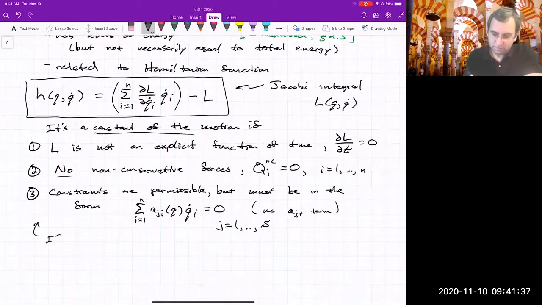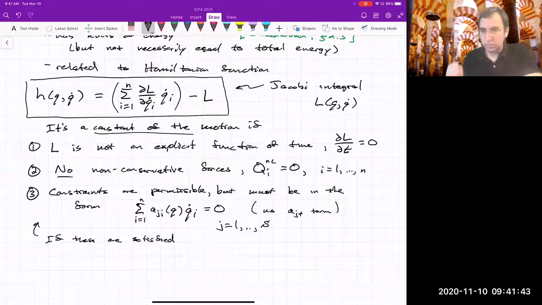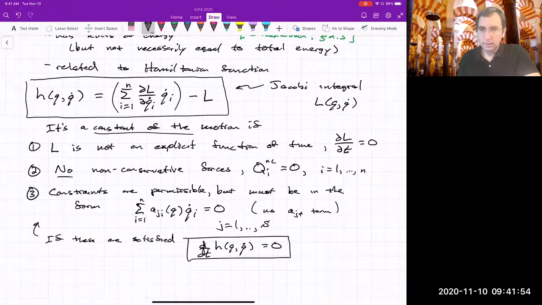So if these are satisfied, another way to write what a constant of motion is, it means the total derivative of that function equals 0. And we can actually prove that. I'm not going to do it here.